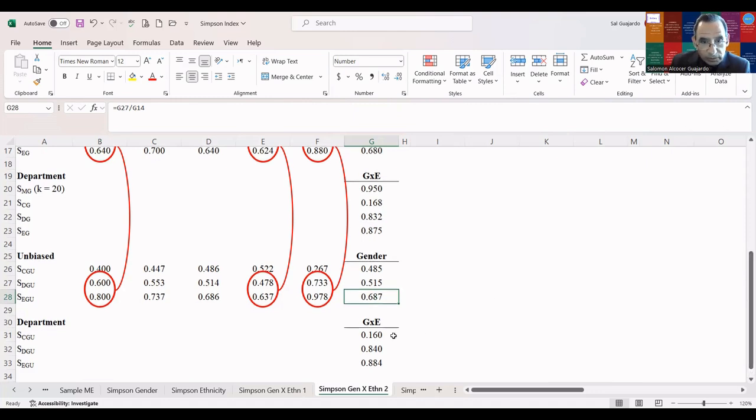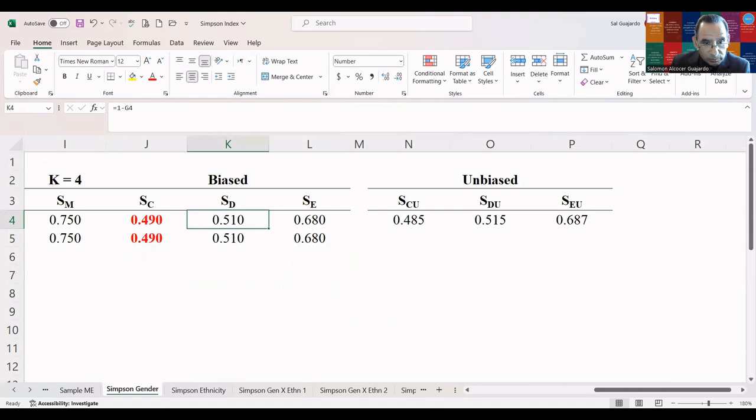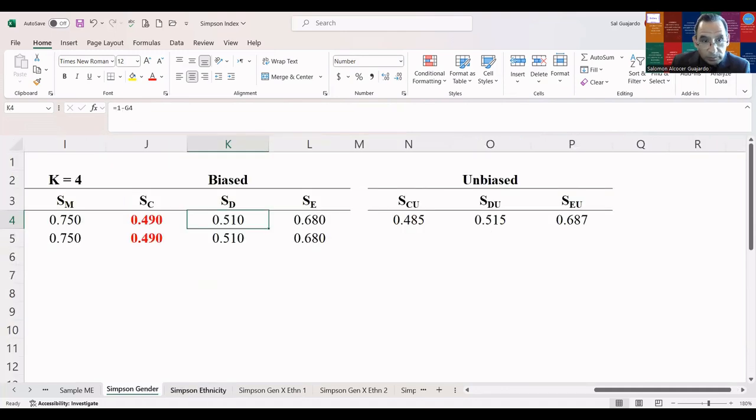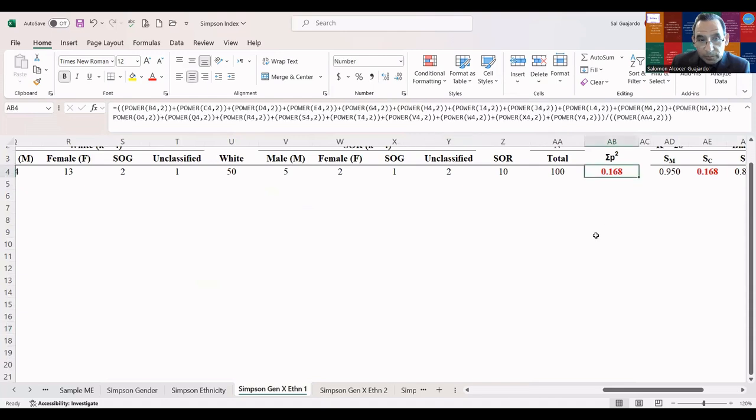I also obtained unbiased scores by gender by ethnicity. And that 0.616 corresponds to the score over here in this spreadsheet, AB.